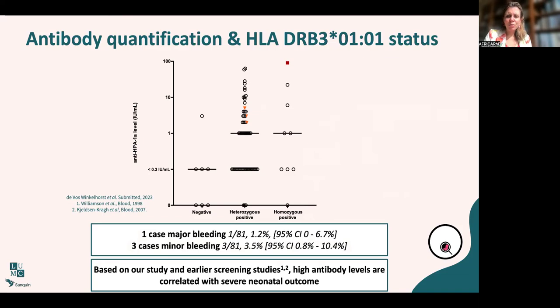But in our cohort, we saw that the patient with the most severe bleeding also had the highest level of HPA-1a antibodies. And there was also a clear association between HPA-1a immunization and the HLA-DRB3. And this was also in line with earlier studies.